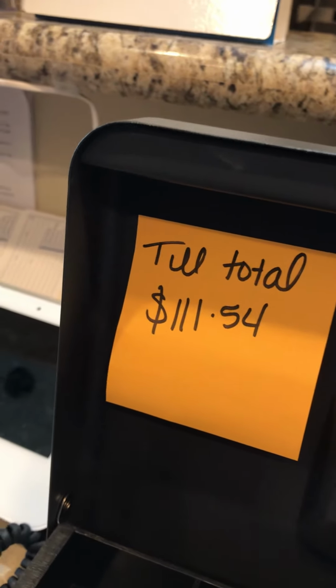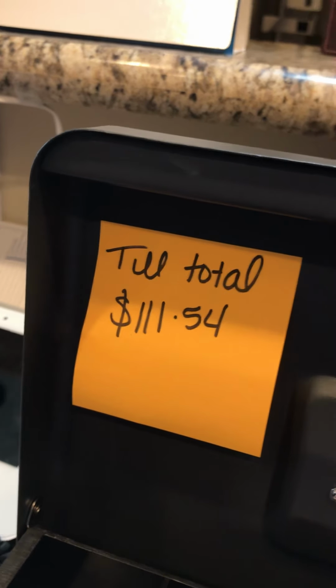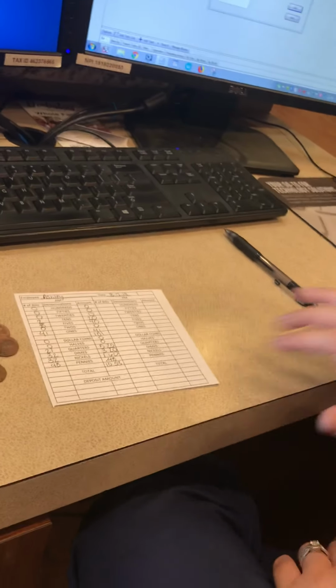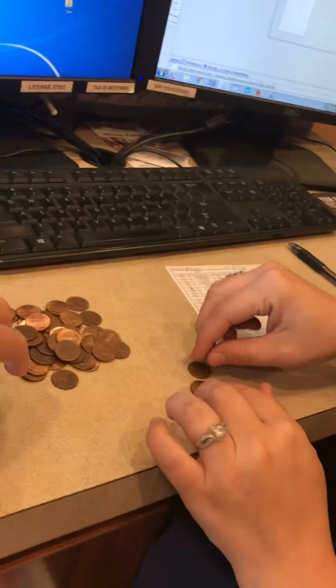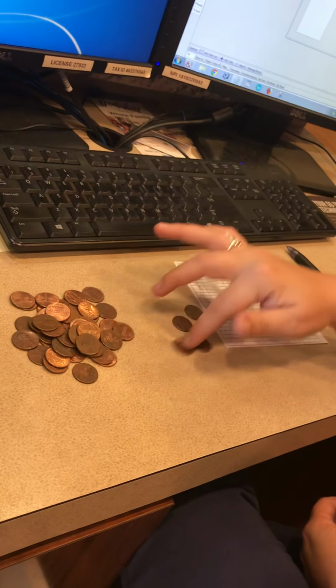So either you dropped one or miscounted. So what you want to do is make sure that you counted correctly because you're a penny off somewhere. And it's probably in that pile. So just recount it again.